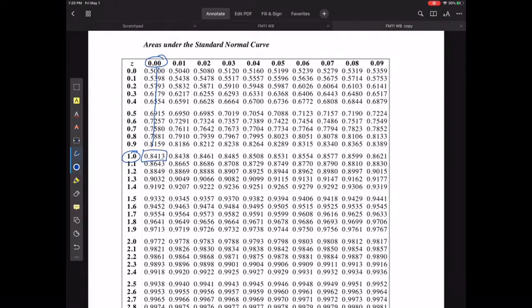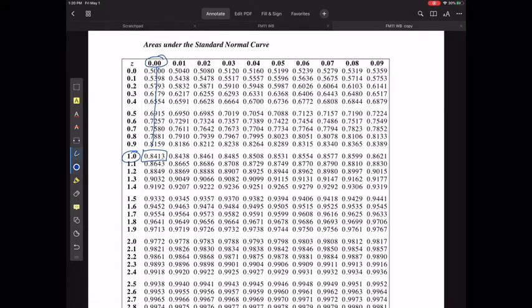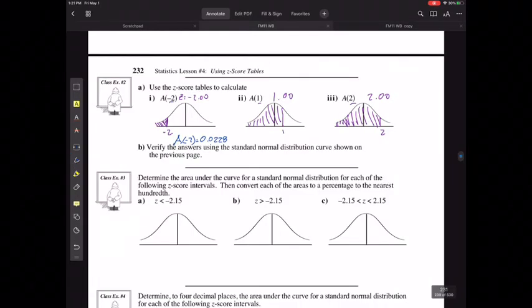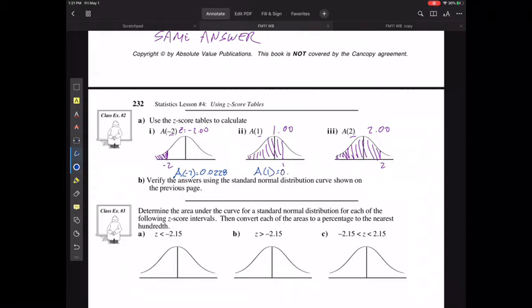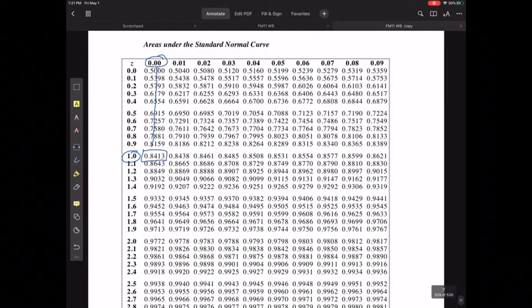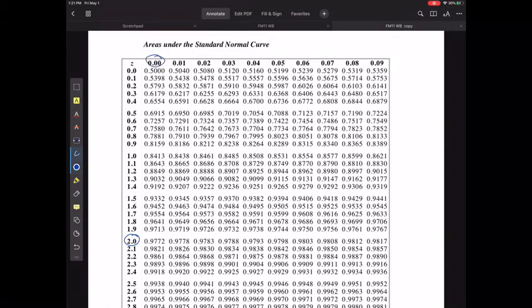In this case, it's 0.8413. And for the last one, I'm going to do the same thing with 2.0 with a hundredths spot of 0, and I get 0.9772.